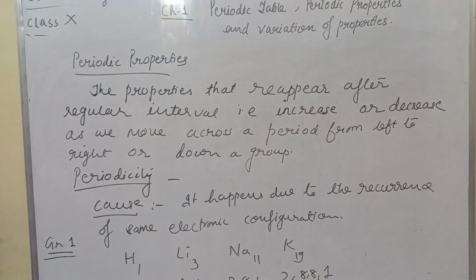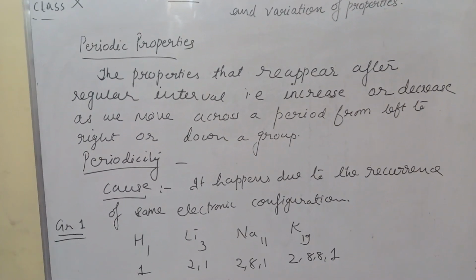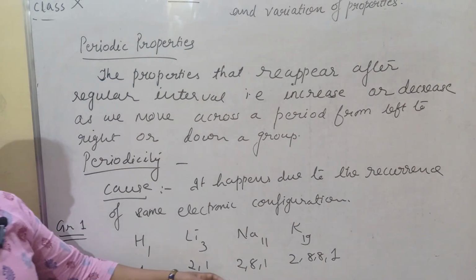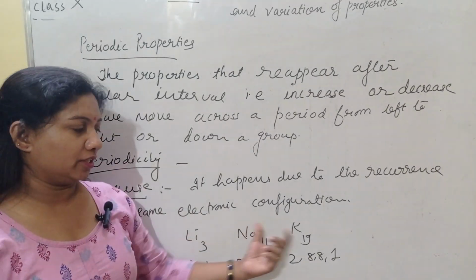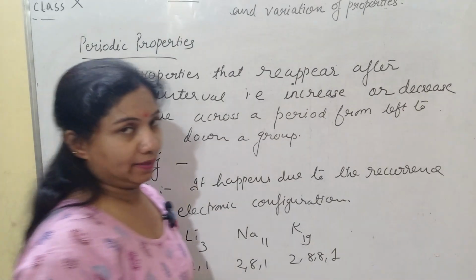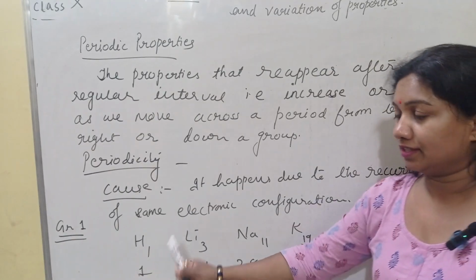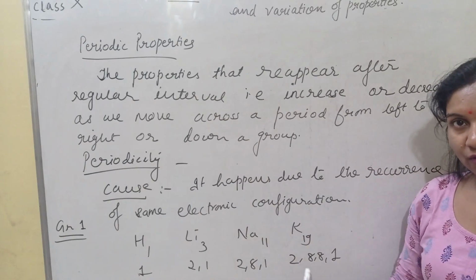So this is the configuration of the first group elements. If we see this configuration, you can see that each has one electron in its valence shell. All the elements that belong to a particular group have the same number of valence shell electrons. Here, since they belong to group 1, they have one electron in their valence shell.